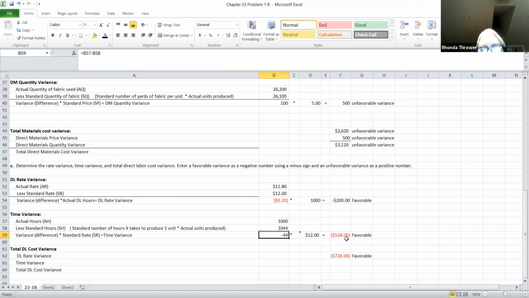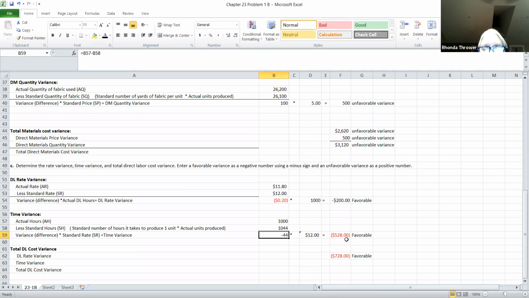And so you would want to investigate why this time variance was favorable. You would want to go back to your production department to see why they told you that it would take them this amount of hours for production when the actual hours were less.